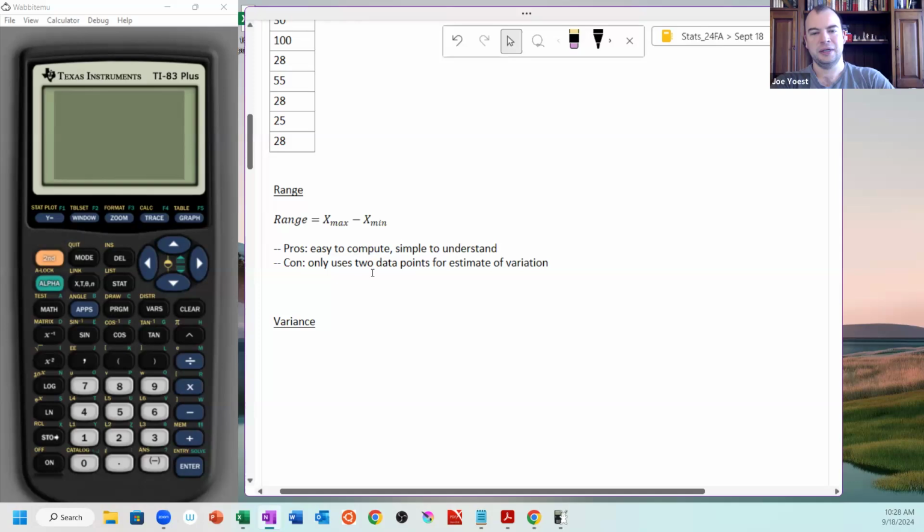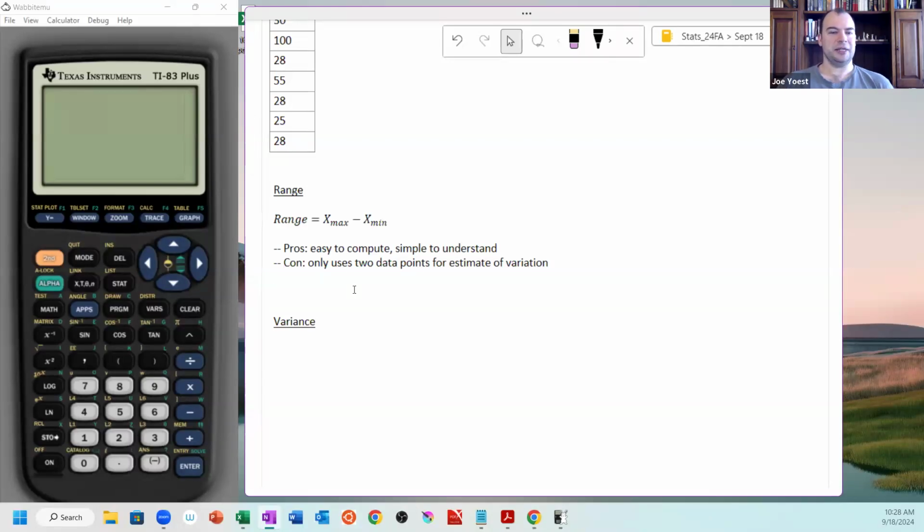It's also simple to understand. If I tell you how the range is computed and what the number is for a certain data set, even without taking a whole stats course, you probably understand what it's saying. It's the swath of the real line that the data covers, the size of that interval.